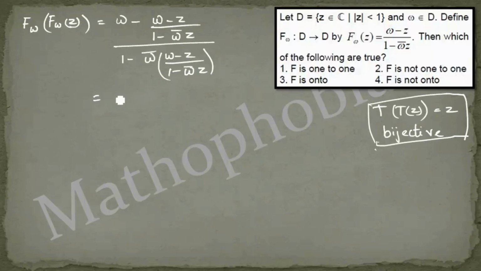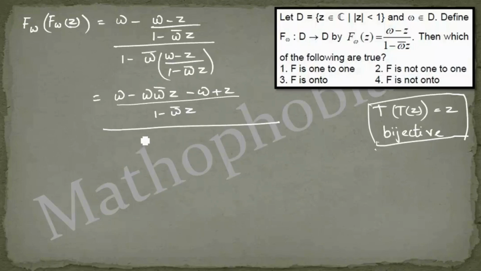So to simplify this, we'll get omega minus omega bar z minus omega plus z by 1 minus omega bar of z. This is the numerator, whole divided by the denominator; simplifying it, 1 minus omega bar z minus omega bar plus omega bar z, whole divided by 1 minus omega bar z.